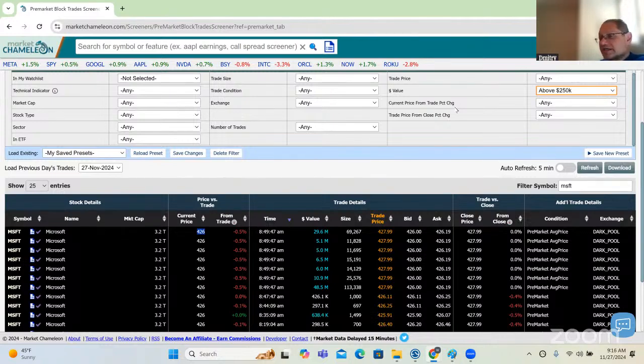But unlike the lit exchange, if you put that on a lit exchange, that order will start eating up the book. It'll start buying everything up to $430 until you get your full shares, and you could drive up the price, right? Whatever is available on the New York Stock Exchange, you'll take that.